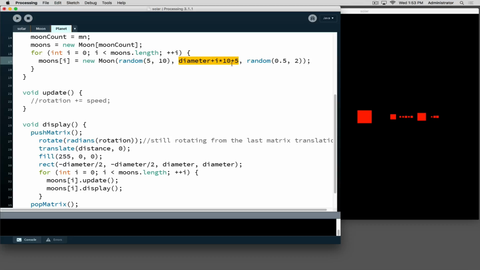And then we repeat that, so the next time through it'd be 20 plus 5, then 30 plus 5, then 40 plus 5. So each time it makes sure that the moons are not on top of each other. So that's where the diameter plus i times 10 comes from, the i times 10 is creating a number that pushes each moon further and further out from its center point, and the center point is where the planet is being drawn.